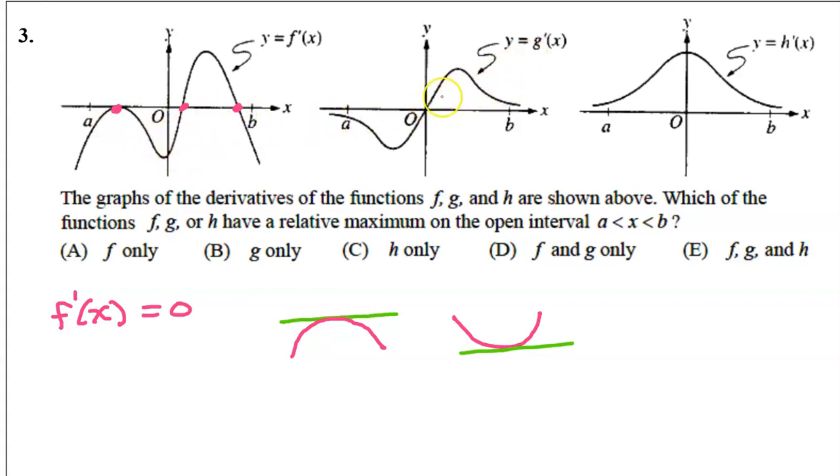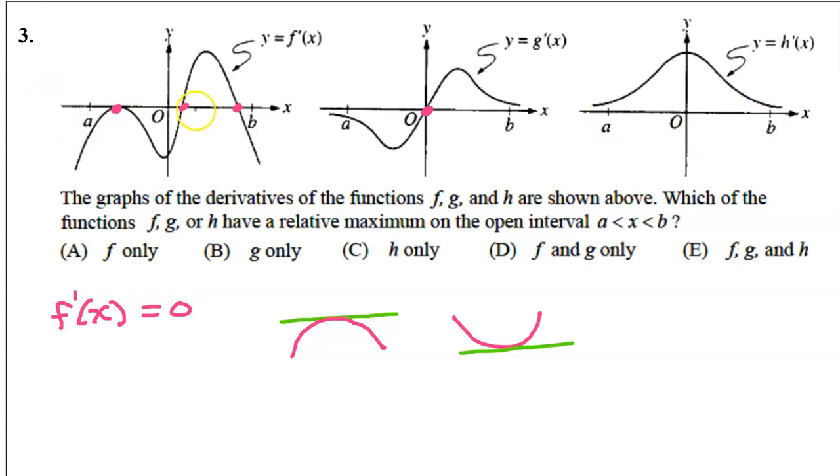For the graph of function g, this is the only candidate for a local maximum. For function h, the derivative h prime is never 0. So h does not have any relative maximum on the interval from a to b.